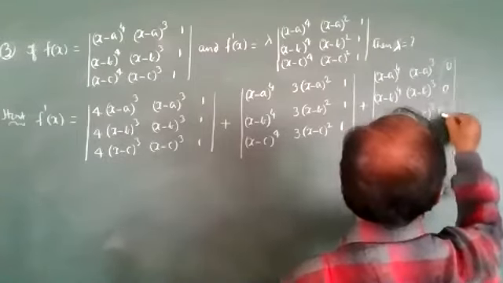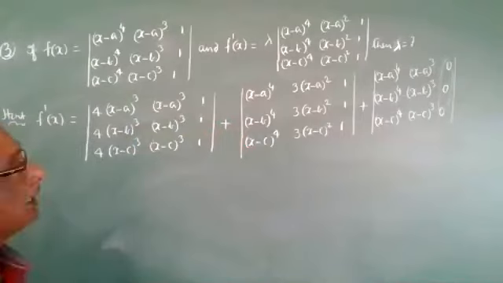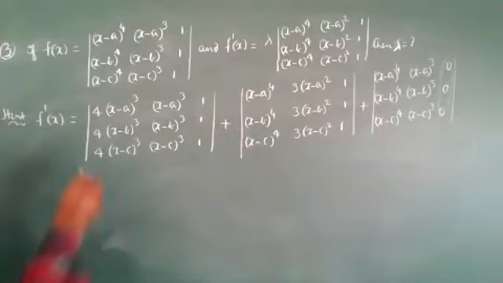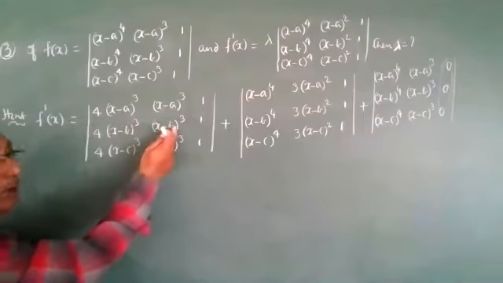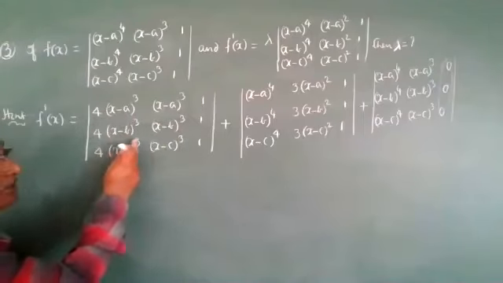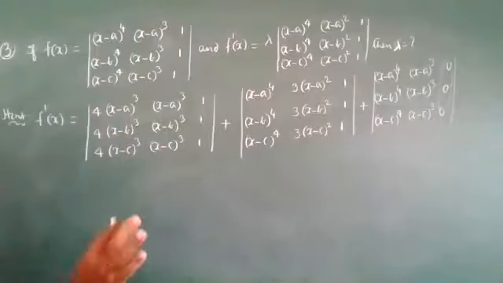All elements are 0, its net value is 0. Here the first one also: (x minus a) whole cube, (x minus a) whole cube, (x minus b) whole cube, (x minus c) whole cube. Two columns are equal, so that also is 0.